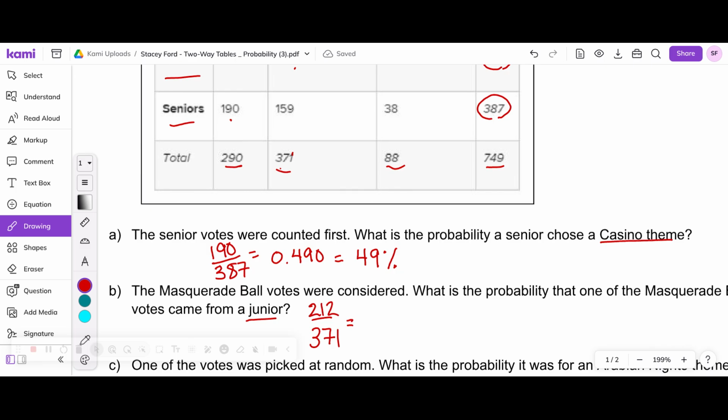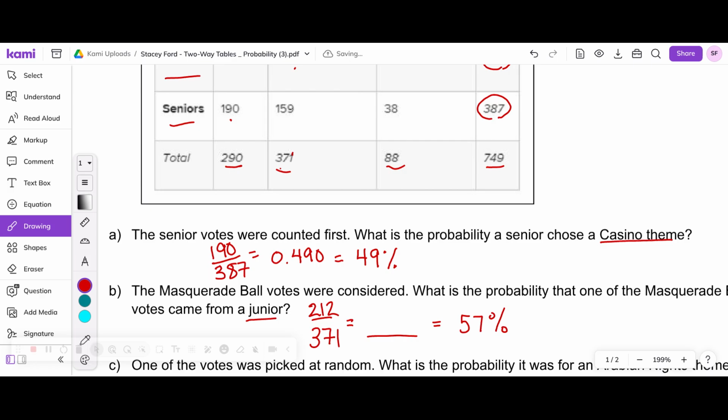Then take out your handy dandy calculator. You're going to write what the decimal is, please. And then timesing it by 100 or moving the decimal 2 places to the right, you get 57%.